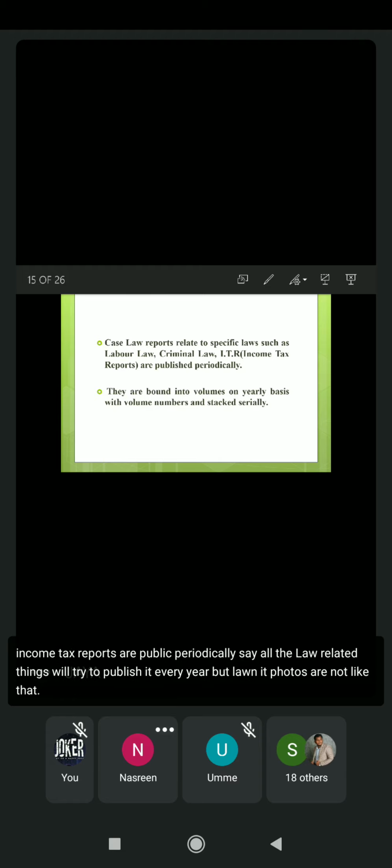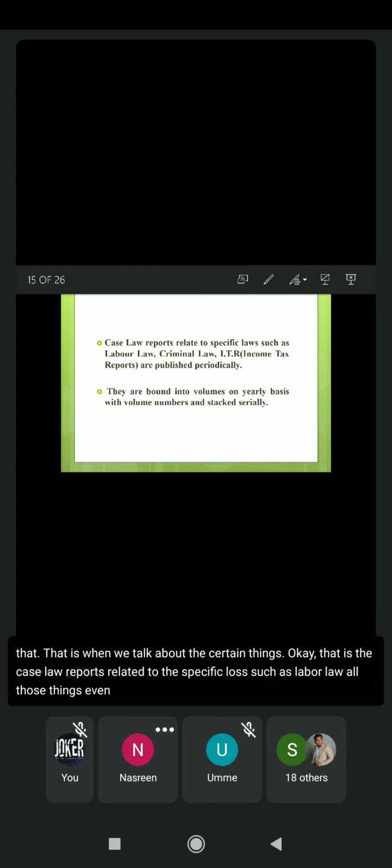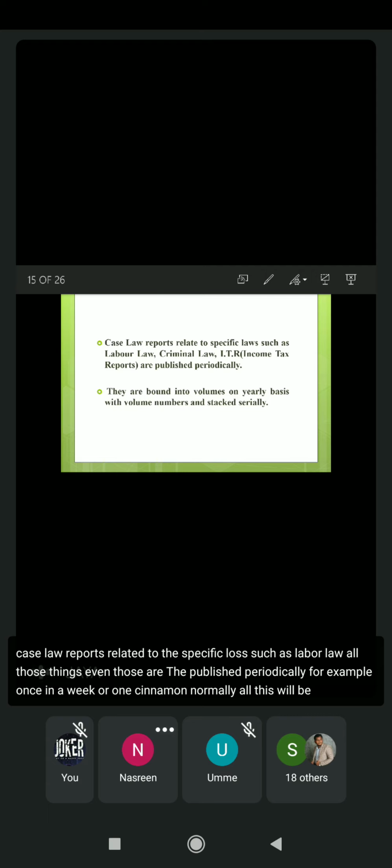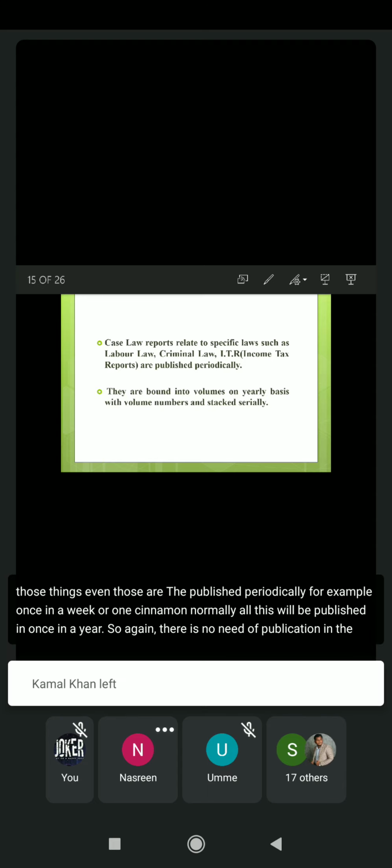When we talk about the case law reports related to specific laws such as labor law, even those are published periodically, for example once in a week or once in a month. Normally, all this will be published once in a year. So again, there is no need of publication in the High Courts or etc.